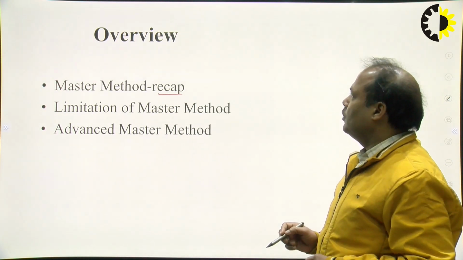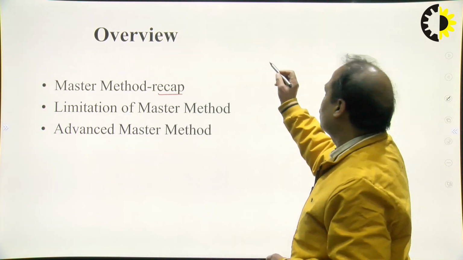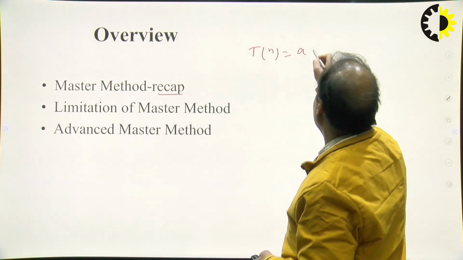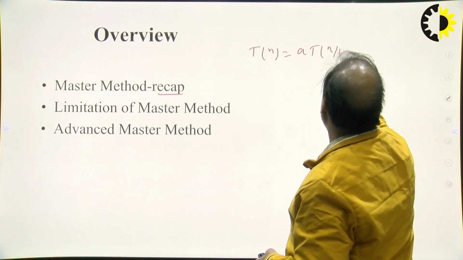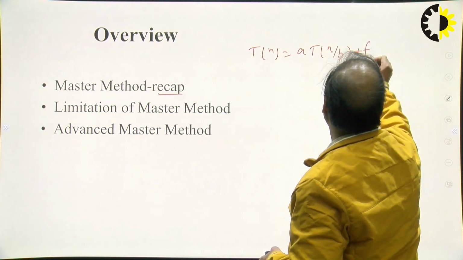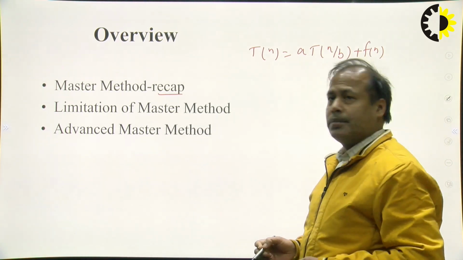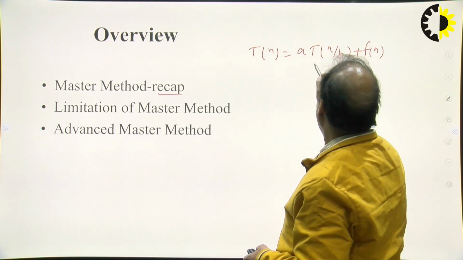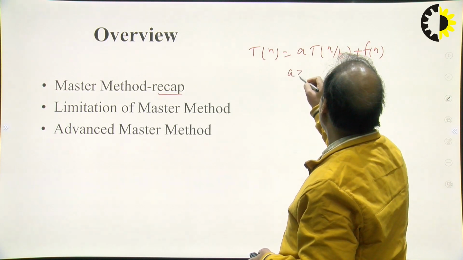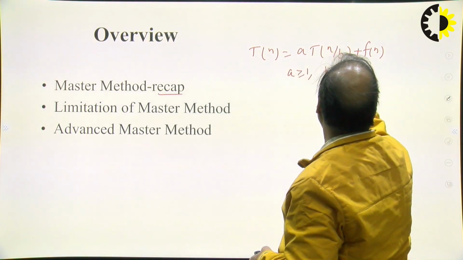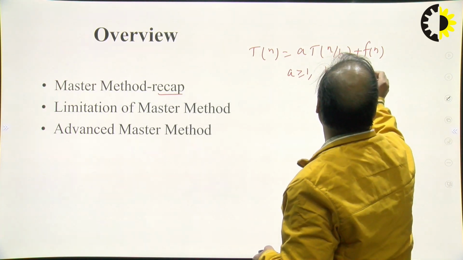As we know, master method is used to solve recurrences of the form T(n) = aT(n/b) + f(n). We have three cases of the master method, where a is greater than or equal to 1, b is greater than 1, and f(n) is any positive function.